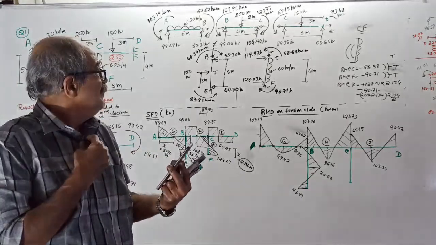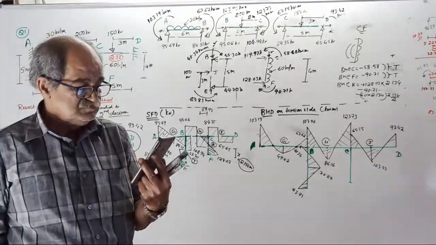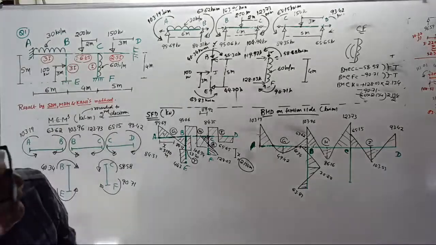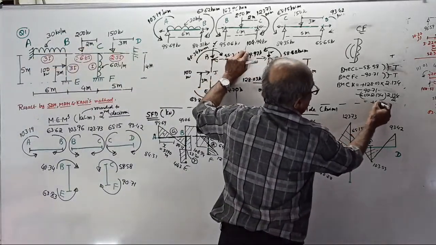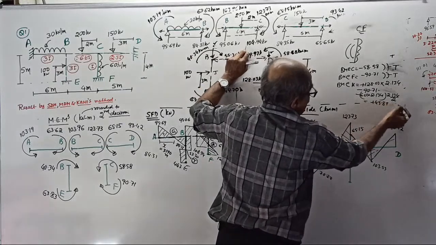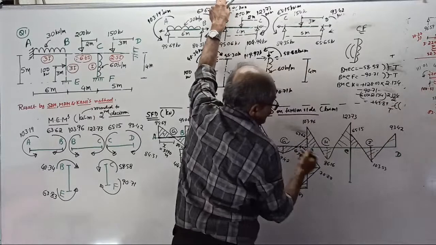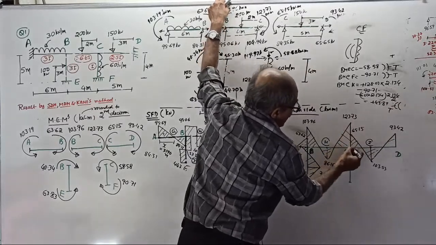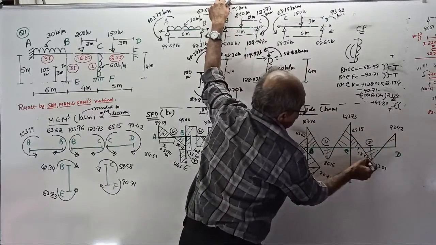Answer, answer. With sign answer. Plus 45.89. That means it is actually sagging, tension on the left side. So here minus, how much is it? 58.58.